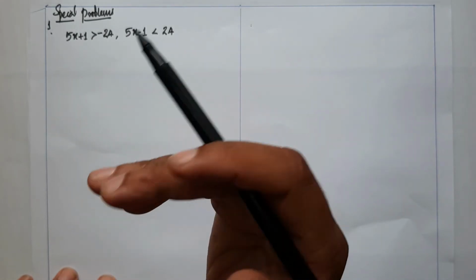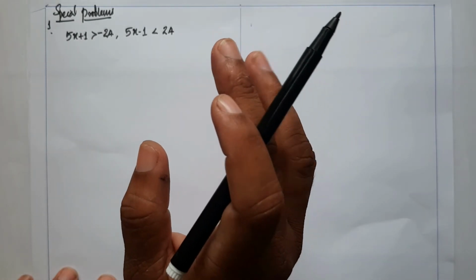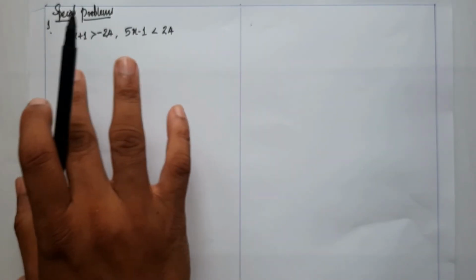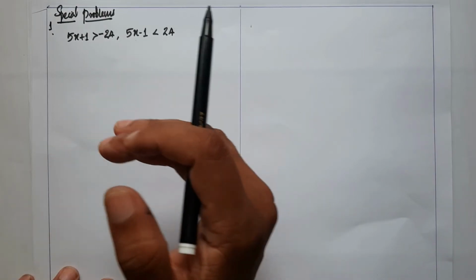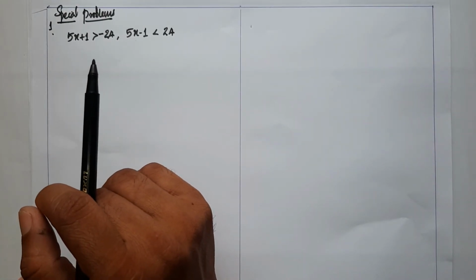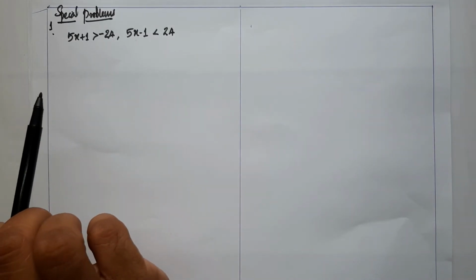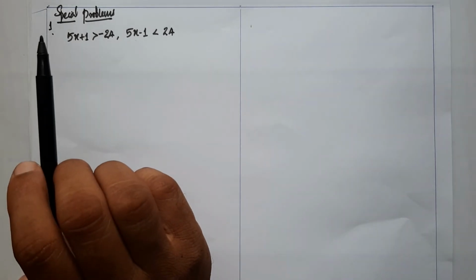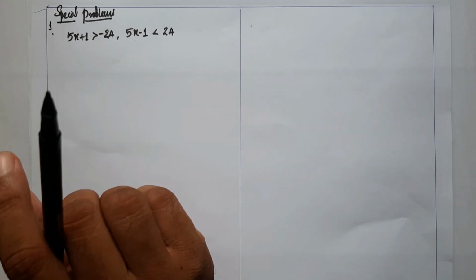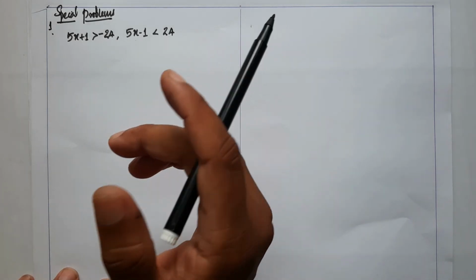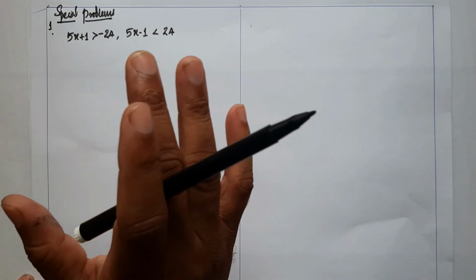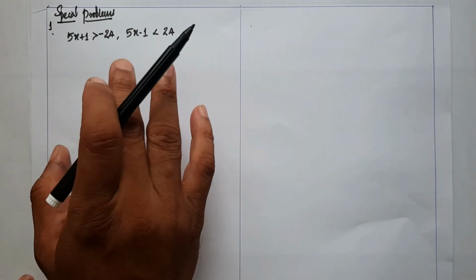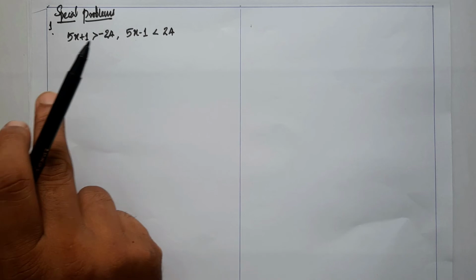Here, in a single variable, two inequalities are given, but the two solution parts are to be represented on the same number line. That's the question. A single variable inequality with direct solution and representation on a number line was already discussed in the first videos. Here the x variable has two inequalities, and we solve them and plot both on the same number line.